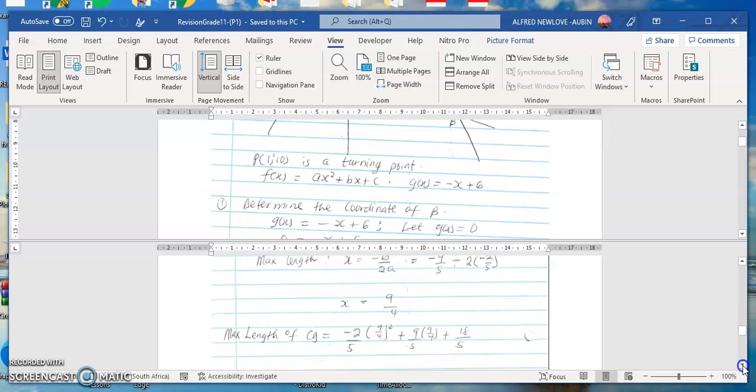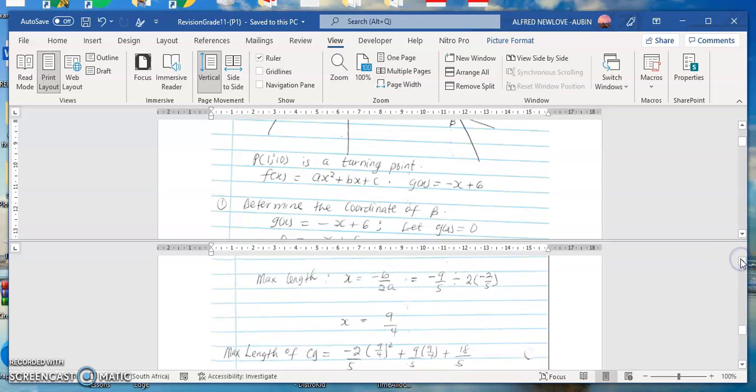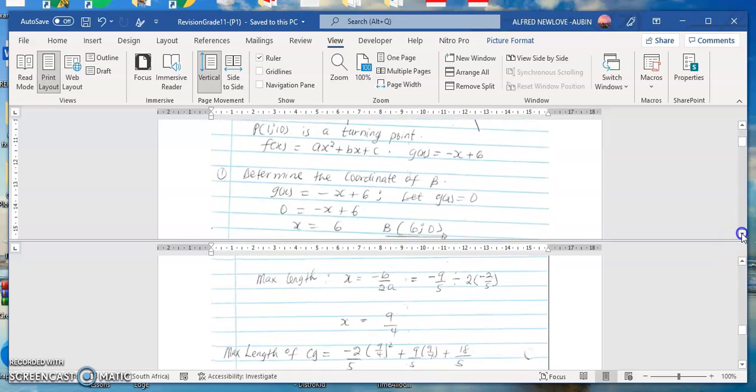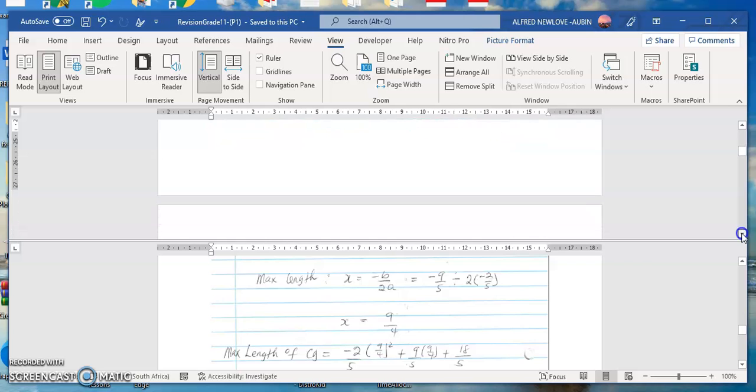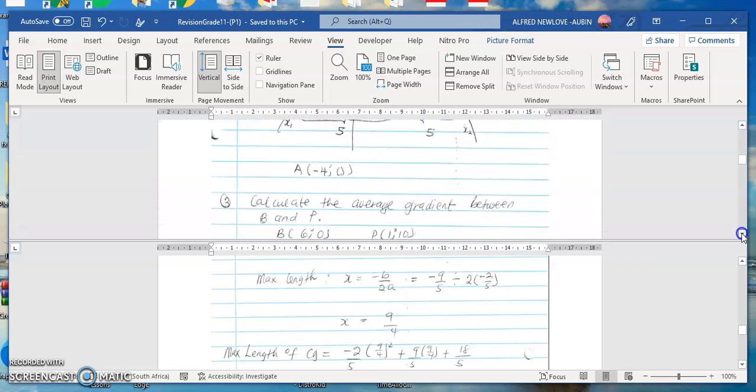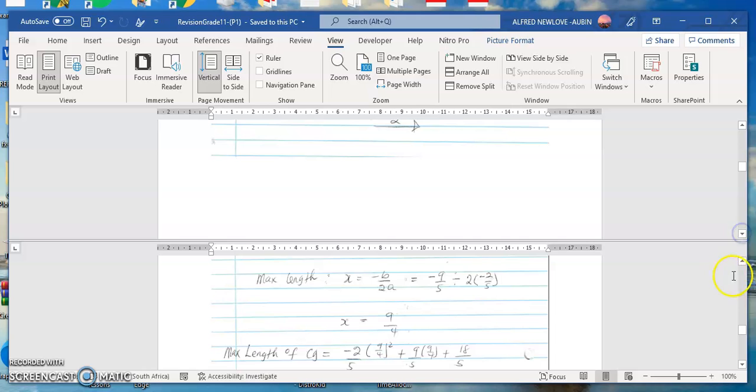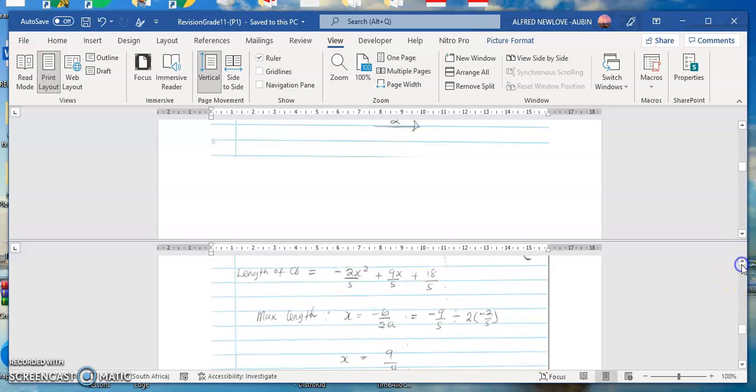Then continue to simplify. Substitute it into the function. What is my function? My function is this one, the one that I found here. You substitute into it. Alright.